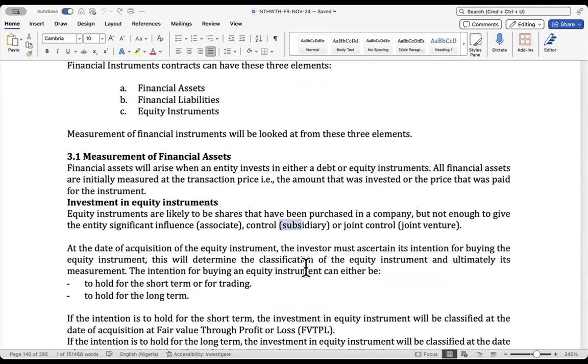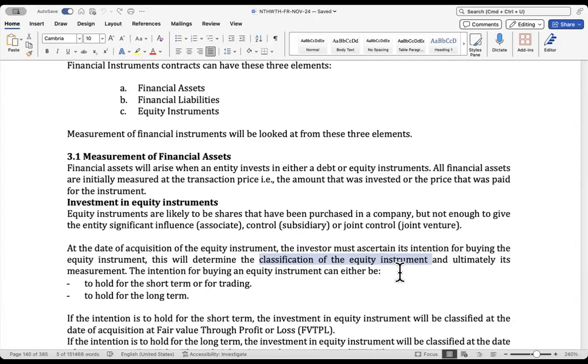However, on that same day that you acquired those shares, before you go ahead and debit financial assets, you need to understand the nature and the intention of that investor for buying those shares. Because this is what would determine how you are going to classify the equity instrument, and ultimately its measurement at the end of the year.